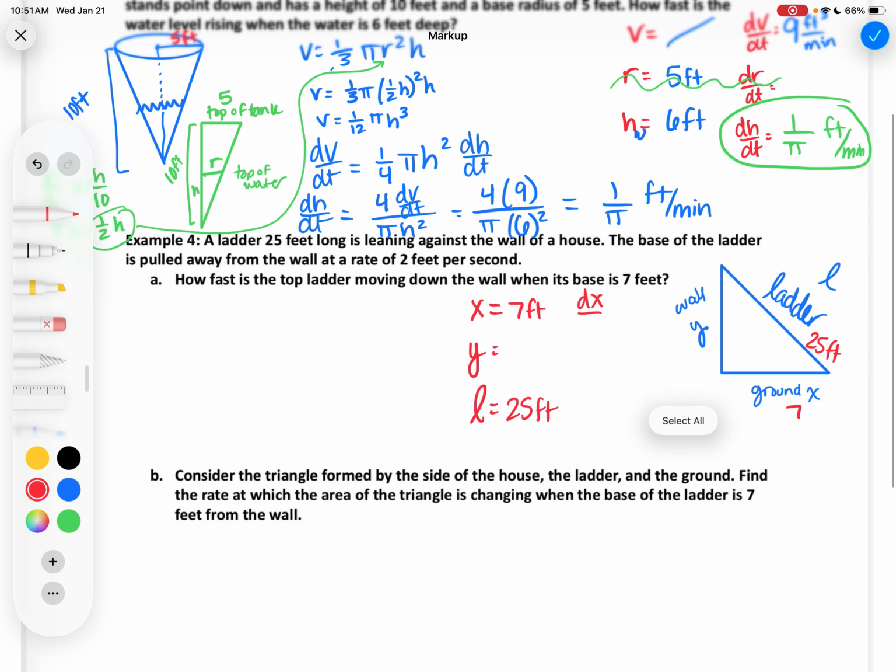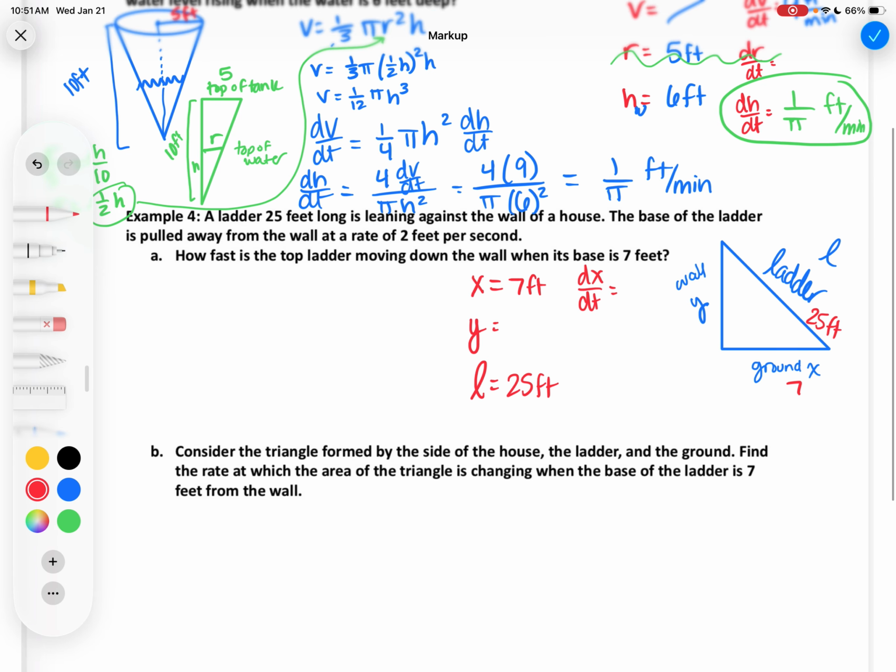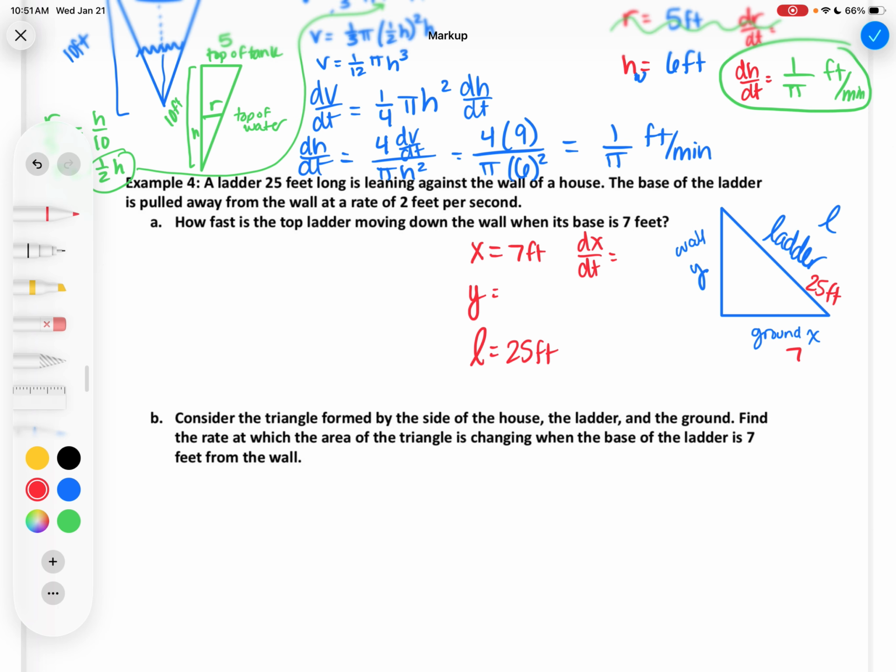dx/dt. They told me that it's being pulled away from the wall at 2 feet per second, so that's on the ground, so that's where that comes in as dx/dt. dy/dt: how fast is it moving down the wall? So that's going to be that value.